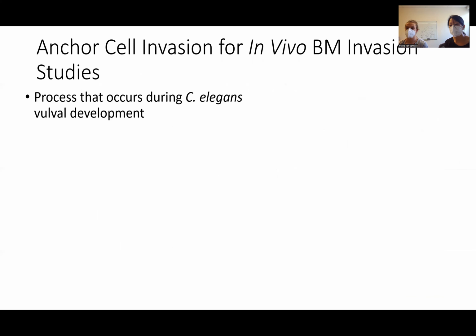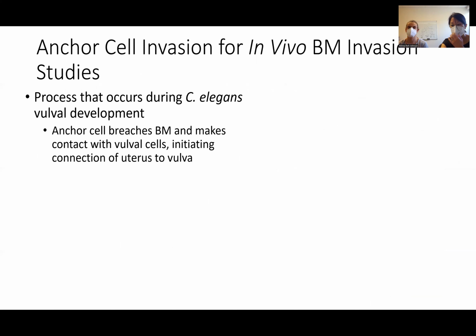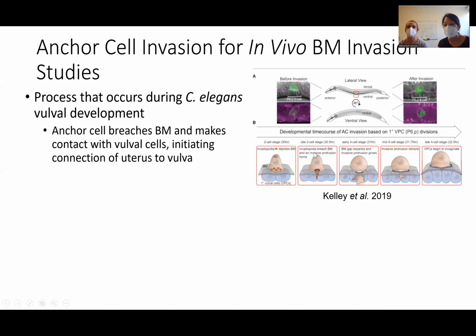Okay, so the model that is used in this paper then is anchor cell invasion. And we're just going to give a quick introduction on what anchor cell invasion is and why it's important for this organism to put things into context. If you look at an adult C. elegans nematode, as we mentioned before, they have both male and female gonads because they're a hermaphrodite.